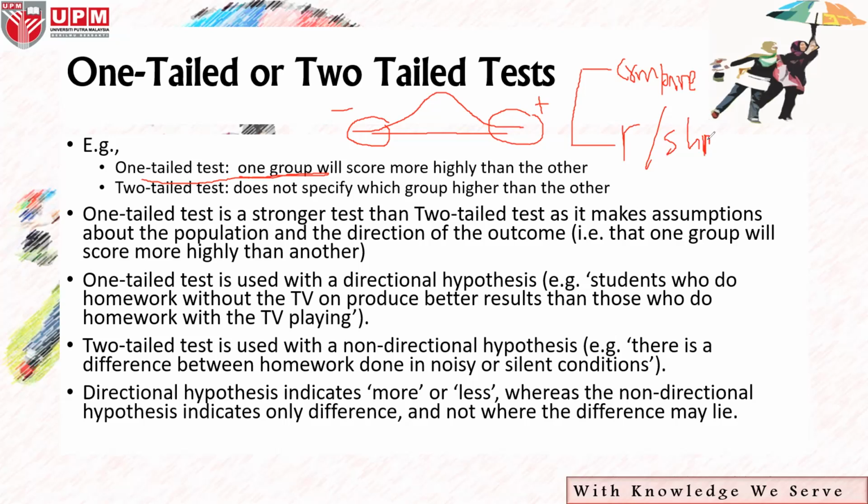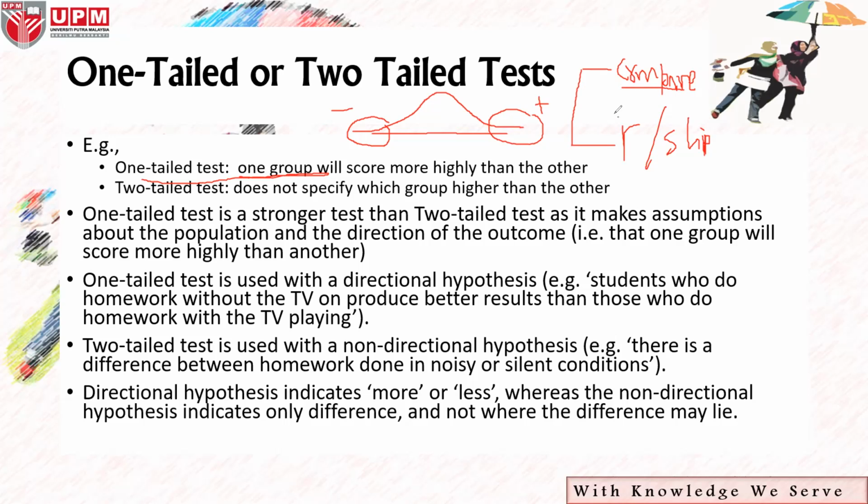Two things. So when you want to make comparison, you specify which group is better than which group, meaning that you indicate the direction. If you indicate the direction, it is one tail.